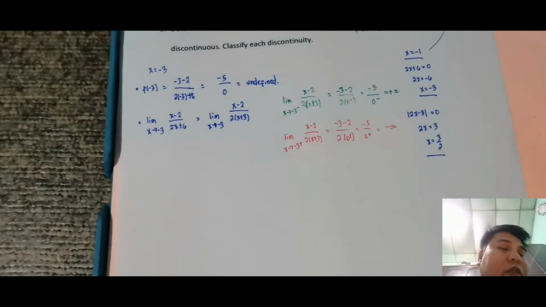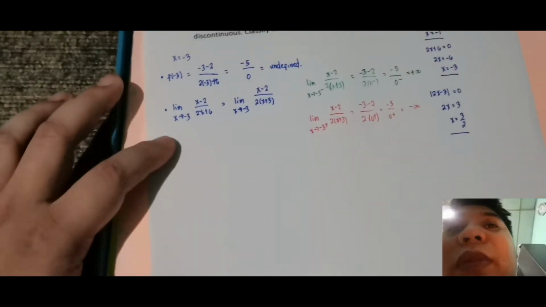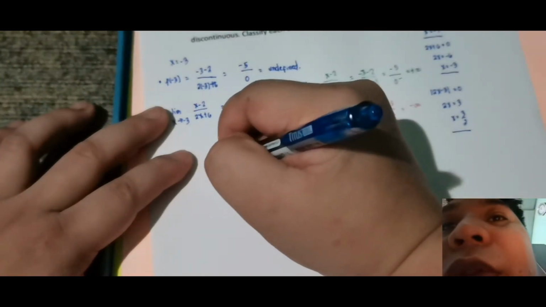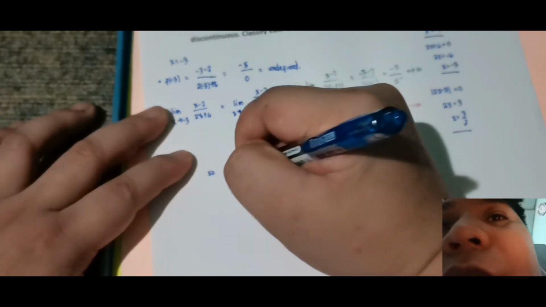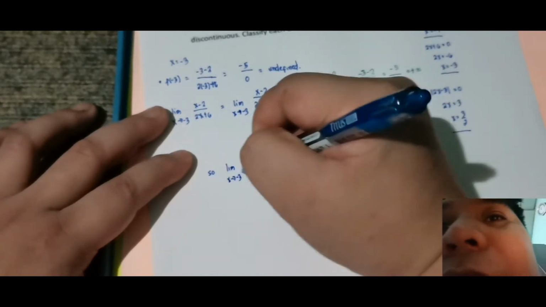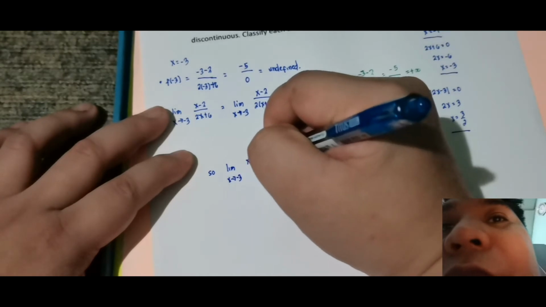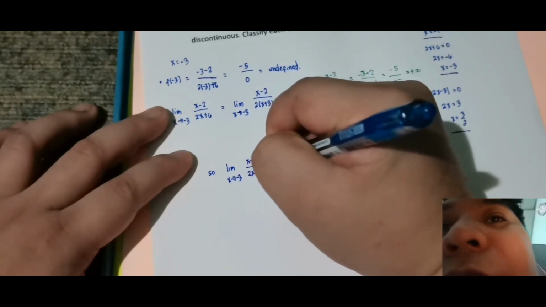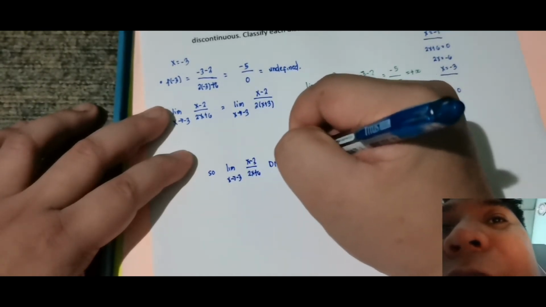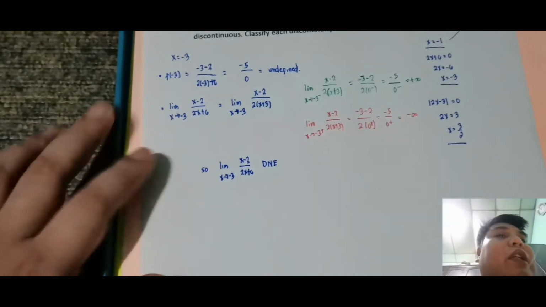So ang sabi kanina ng definition, if yung limit, ano mangyari dito? So si limit as x approaches negative 3 ng x minus 2 over 2x plus 6 does not exist, kasi hindi equal yung left and right niya.